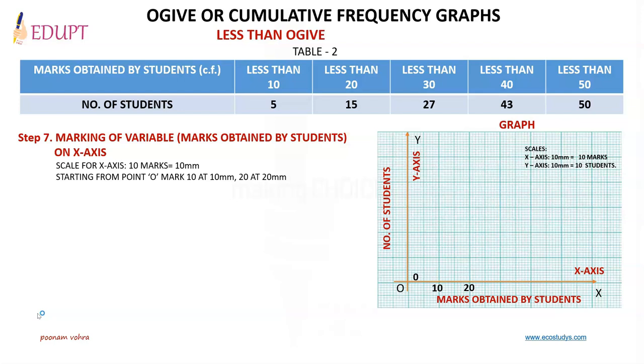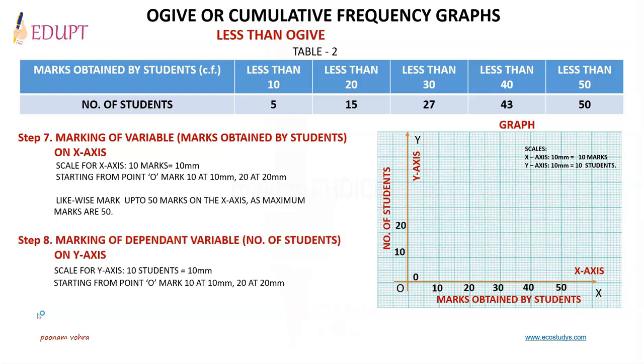Then you need to mark the variable on x-axis, which is marks obtained by students. Scale is known, 10 marks is representing 10 millimeters. So from 0, mark 10 at 10 millimeters distance, 20 at 20 millimeters distance, and so on up to 50 marks.